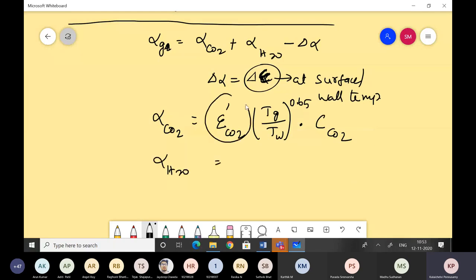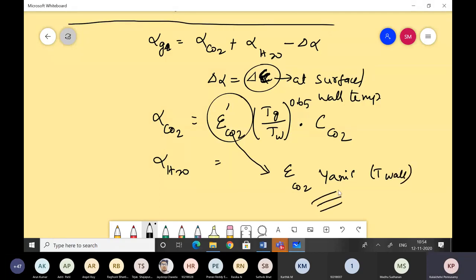Now we will see how to get this emissivity dash from the same chart which we have used for calculating your emissivity of CO2, but the y-axis must be temperature of your wall, and the different lines correspond to partial pressure of CO2 multiplied by your mean beam length, as was the previous value which we used.